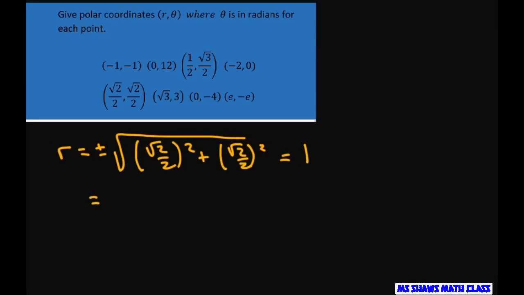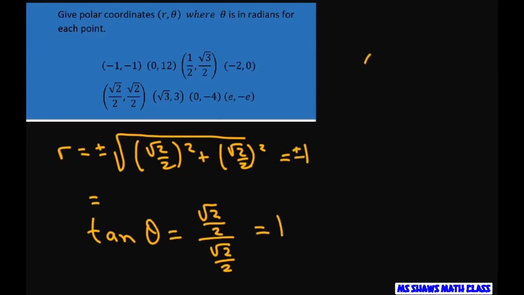Yeah, so then you're going to do tan θ equals √2/2 divided by √2/2. So this equals 1. So this is plus or minus, but we're going to go ahead and take the positive. So this is quadrant 1. So tan θ equals 1 at π divided by 4.